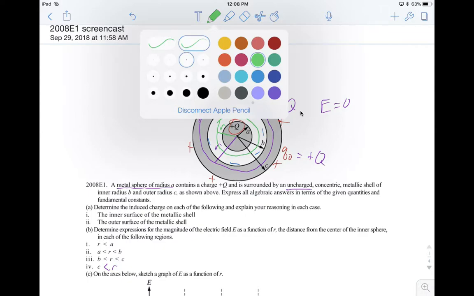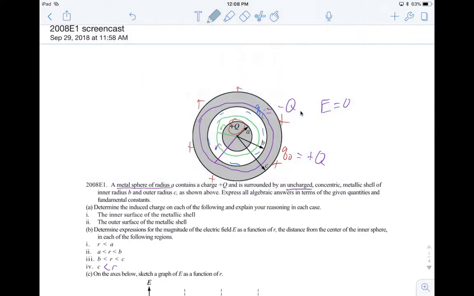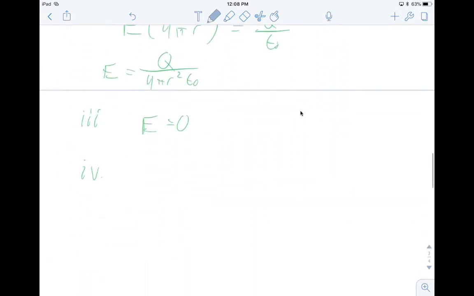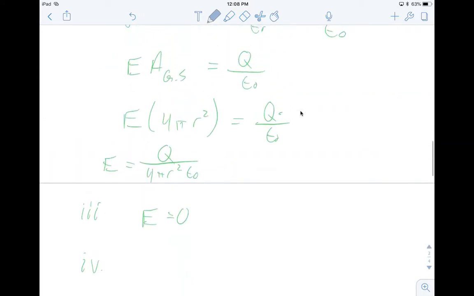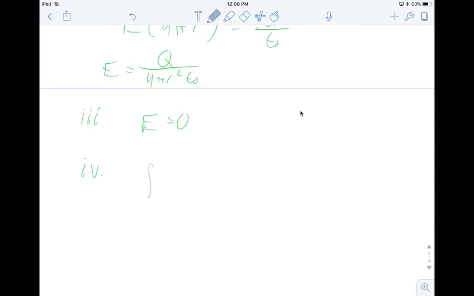So if you drew another Gaussian surface, this one would be all the way out here, and it has a radius of R. That's supposed to be a sphere, by the way. Applying Gauss's law to that again, I think we're going to get the same answer as part 2. We have closed integral E dot dA equals Q enclosed over epsilon naught.